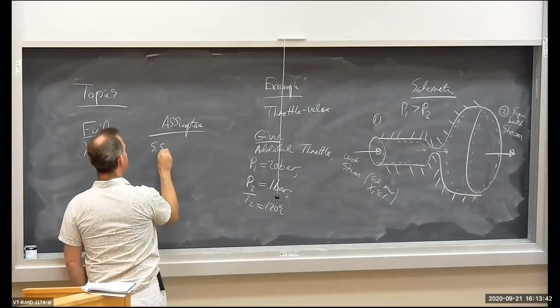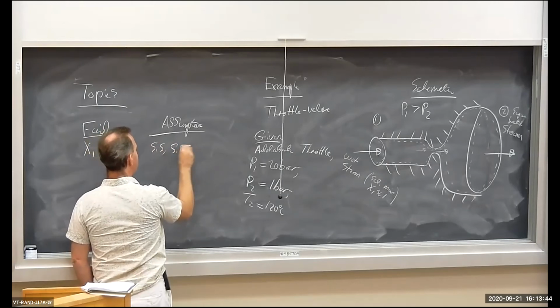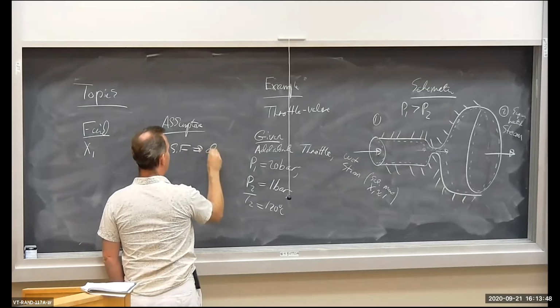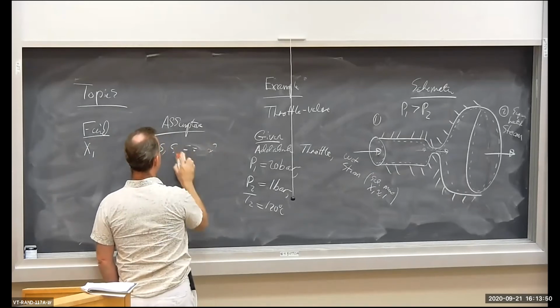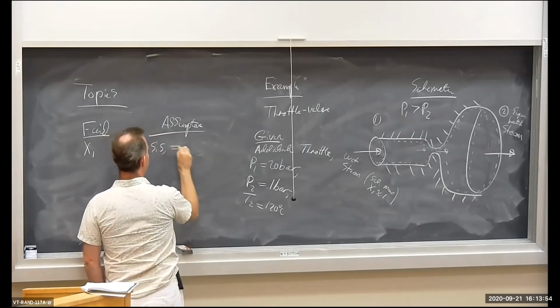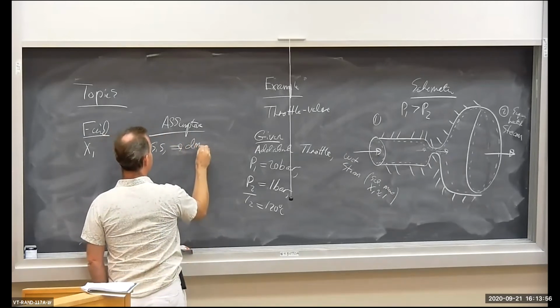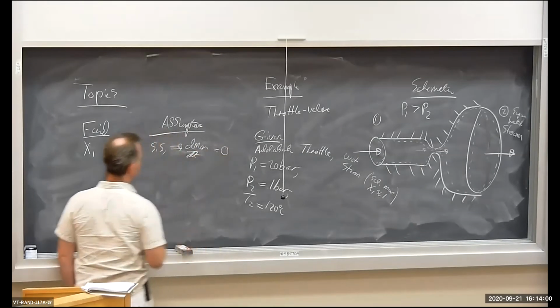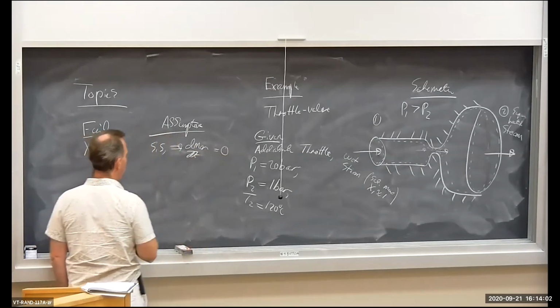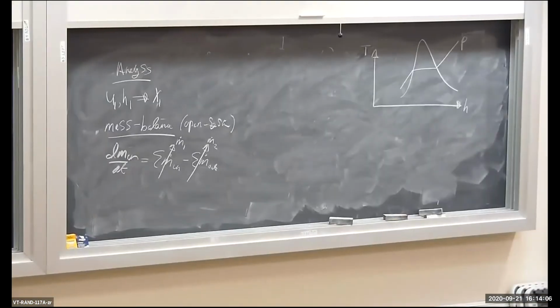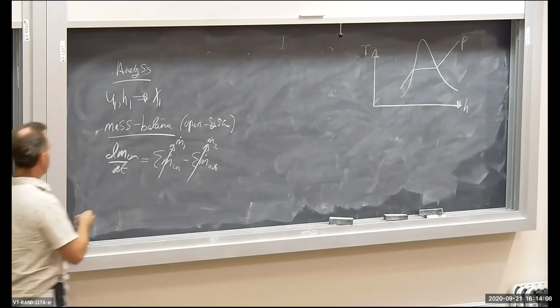Assumptions: steady state, steady flow. Steady state implies dm_CV/dt is equal to 0. No change in mass within the control volume. So I can set this to 0.